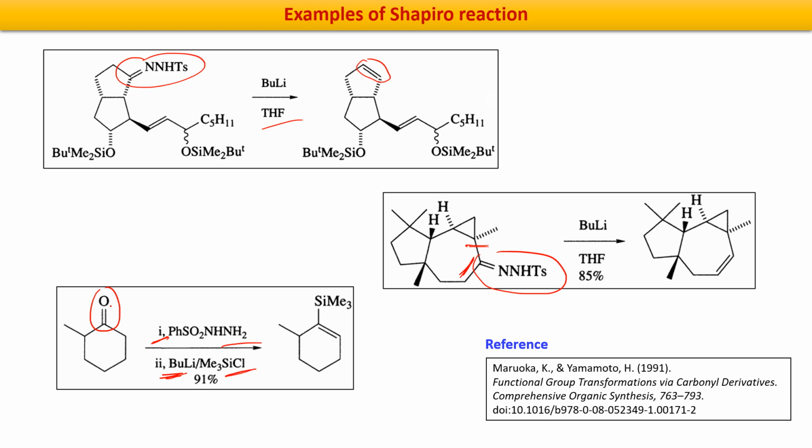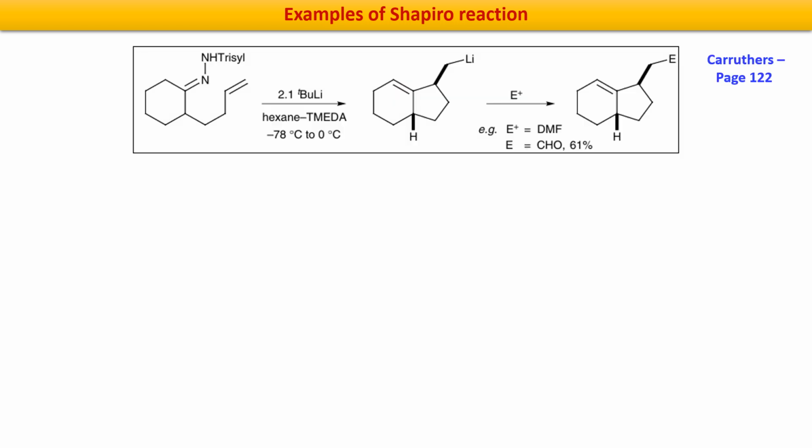So the position where originally you have the C=O, in the same position there will be C=N, right? Then in the same position you will have C-Li, and in the same position you will have C-E. So in this way you can remember, it will be helpful for you. So these are the 3 examples. Now these are simpler.